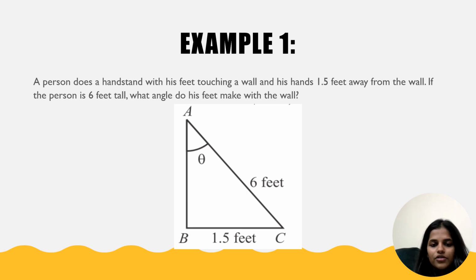According to the diagram, we have to find this angle. We can break down the problem. We know the height of the person, which is 6 feet, and the distance between their hands and the wall is 1.5 feet, which is this. AB is your wall in this case.